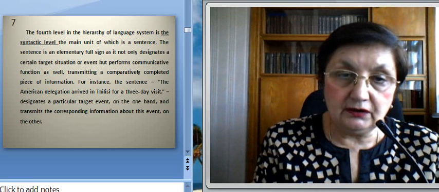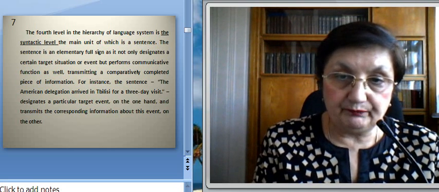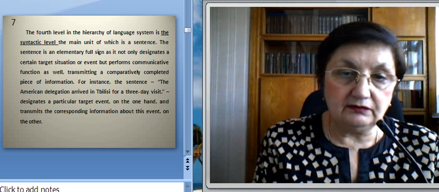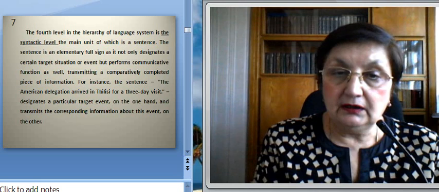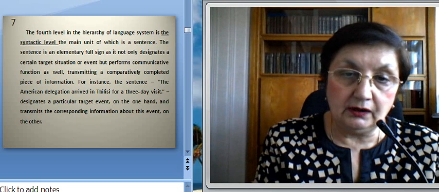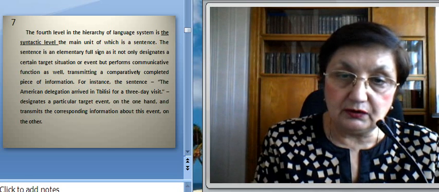For instance, the sentence, "The American delegation arrived in Tbilisi for a 3-day visit," designates a particular target event on the one hand and transmits the corresponding information about this event on the other hand.